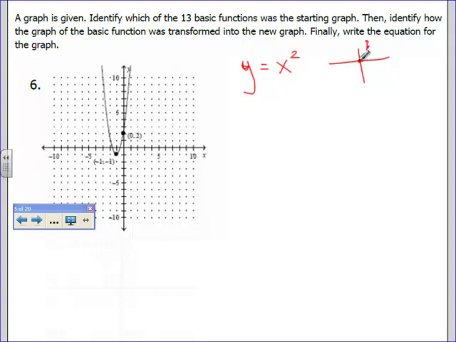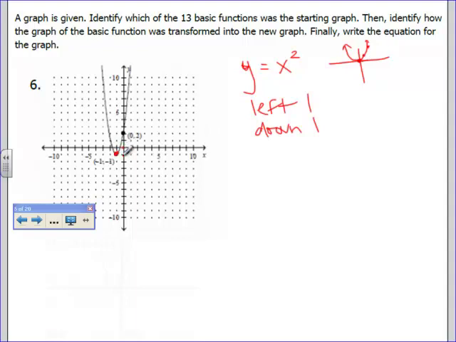And this would be a parabola that was symmetric about the y-axis. What I first notice is that my vertex has now moved left 1 and down 1 from 0, 0 to negative 1, negative 1. So I know that I have at least 2 things happening in this graph. That vertex would normally, from the vertex, have gone over 1, up 1 if you squared. Our new vertex here does not go over 1, up 1.